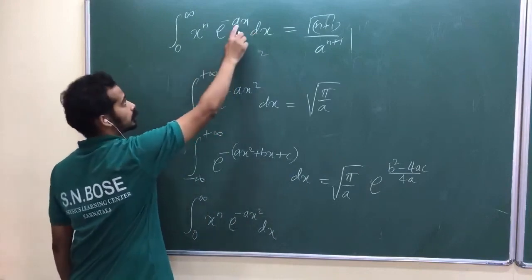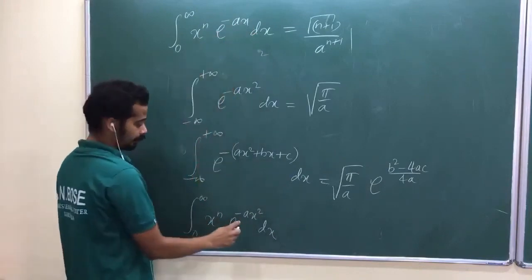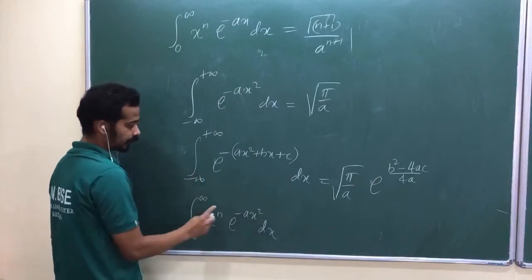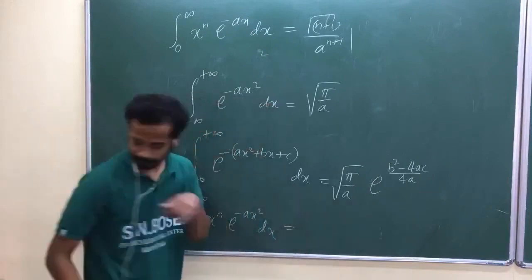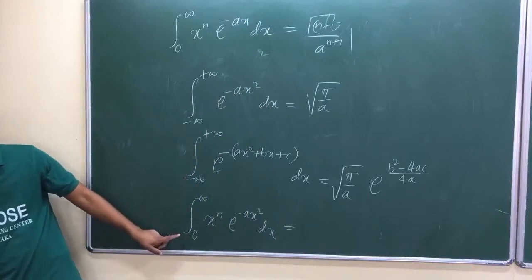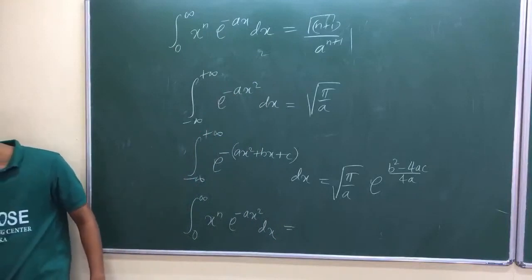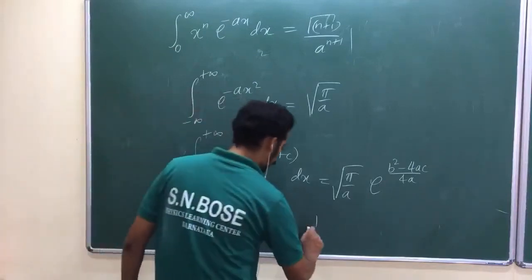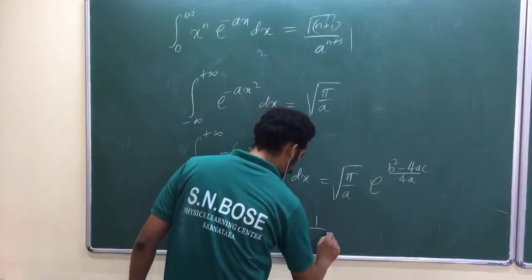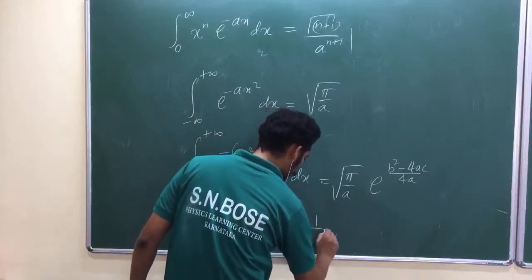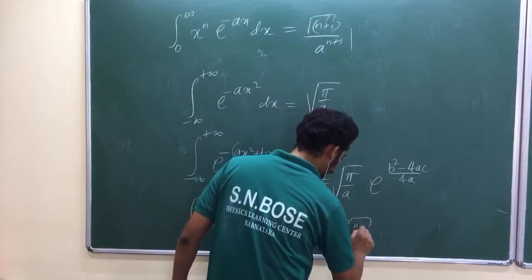Is that okay? You have a Gaussian multiplied with x power n. This can be written as 1 by 2 into a power (n plus 1) by 2, gamma of (n plus 1) by 2.